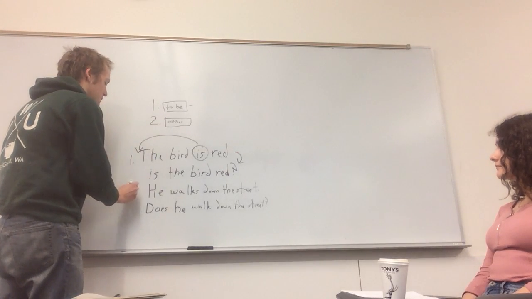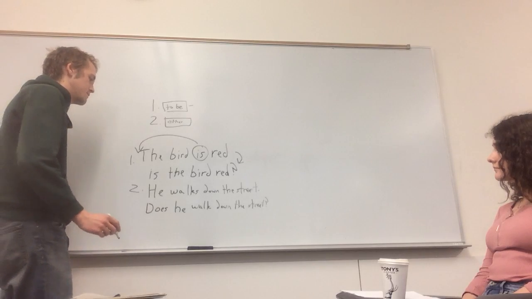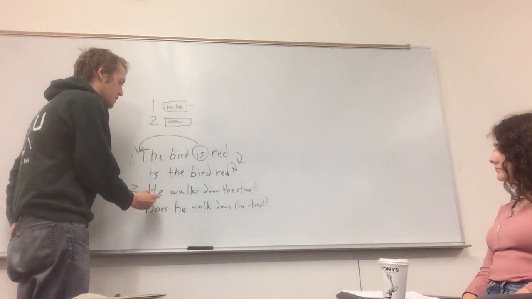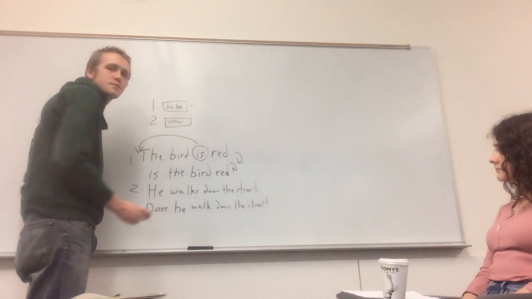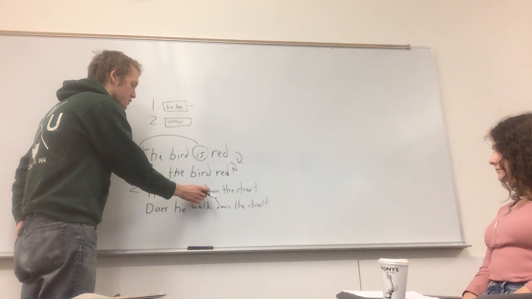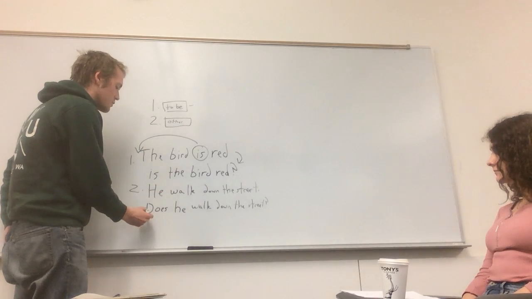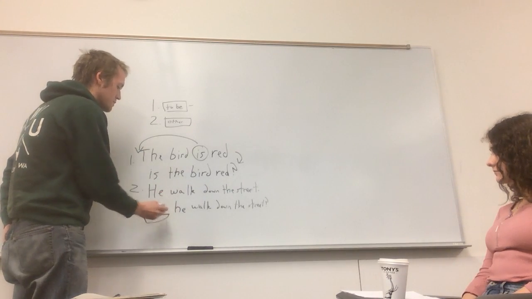With the second way, it's more difficult. So you take the sentence, like you have here, and then you reverse the tense, and then you need to add the word do or does.